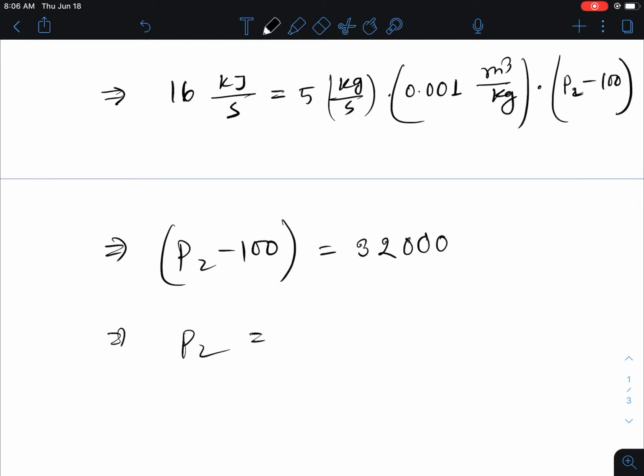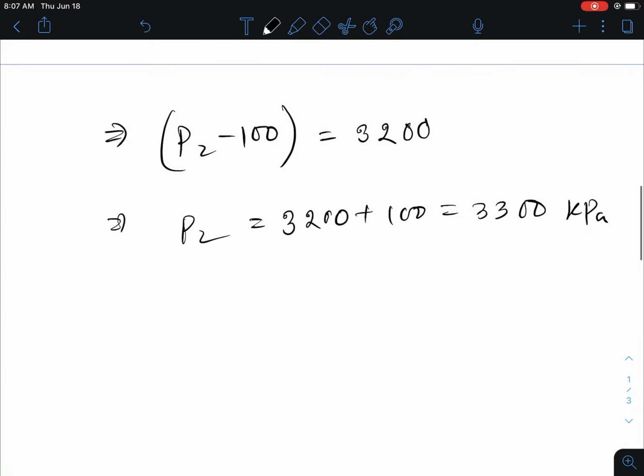Actually I made a mistake. It will be 3200, sorry, it will be 3200. So 3200 plus 100 equals 3300 kilopascal.